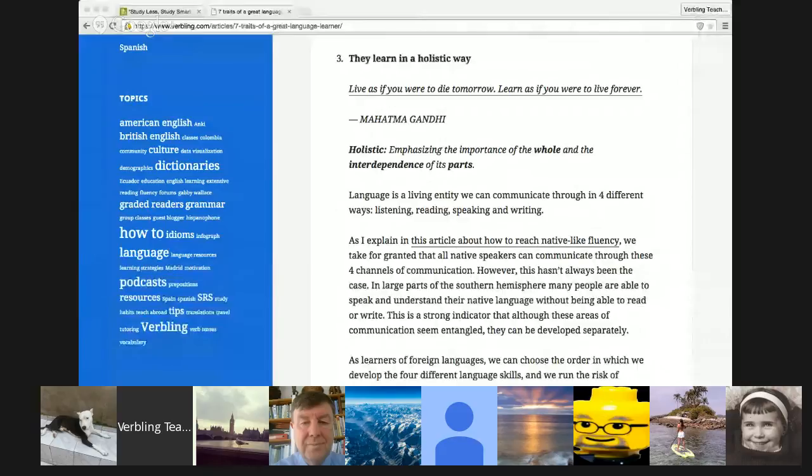But the best way is to learn and work with all 4 at the same time, the holistic way. So when you go on, try to use listening, reading, speaking, and writing methods when you are learning a new language. That is the holistic way.